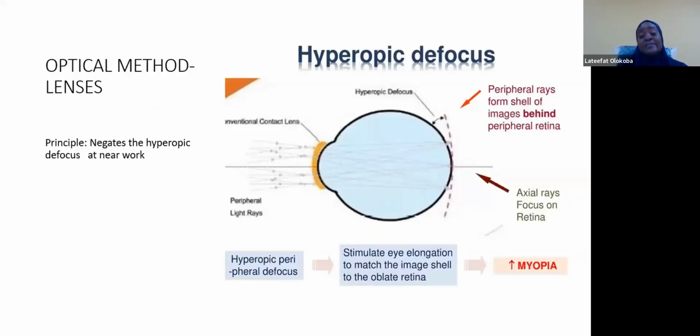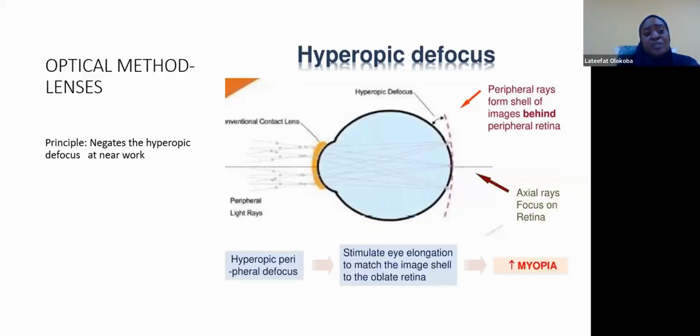And this hypothesis is based on the fact that the stimulus for continued growth and elongation of the eye is as a result of a blurry image that is formed behind the retina. So when a myopic child is corrected with conventional concave single vision lenses, a hyperopic blurry image is formed behind the retina, and this serves as a continued stimulus for globe elongation and myopia progression.